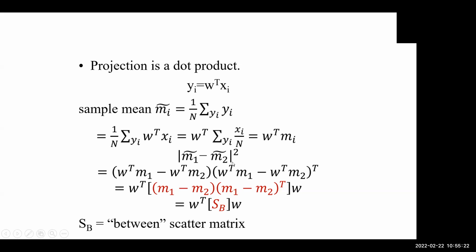That's taking the magnitude squared, just as you multiply them by their transpose. We can then factor out the omega transpose, which is an omega not transposed or W not transposed. And we're left with the difference of the original means and the other original means transposed.